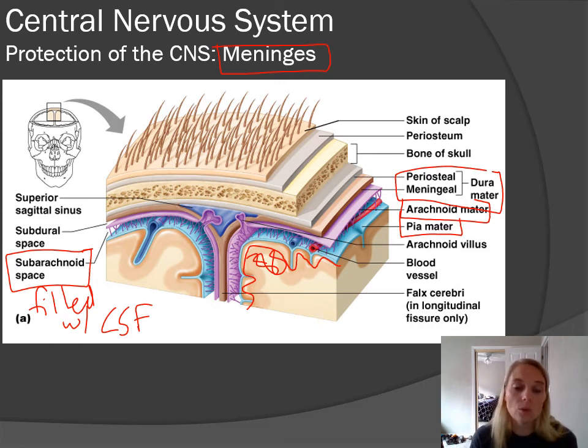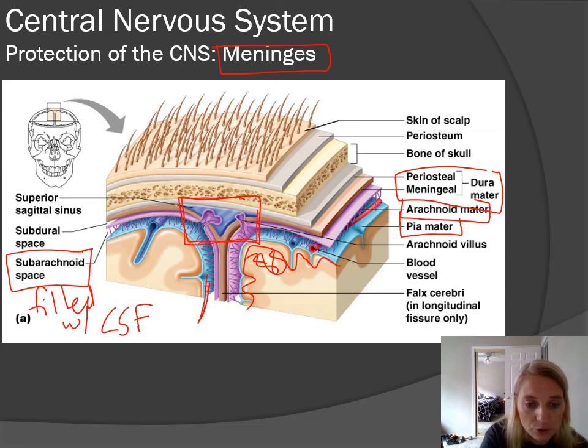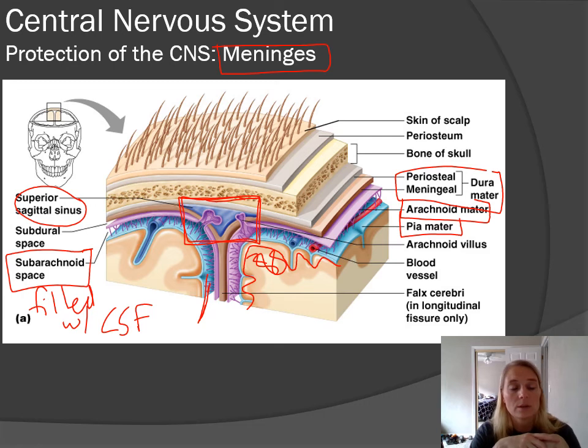Okay. So in this diagram, I'm also going to point out some things that we'll see in the next few slides, when we take a look at the production of CSF, because CSF, like I've mentioned, is filling this subarachnoid space, and I mentioned it's being recycled. So in this box that I'm drawing around that blue triangle, there are large veins called dural sinuses, and this one's particularly called the superior sagittal sinus because it's running along the sagittal plane here.